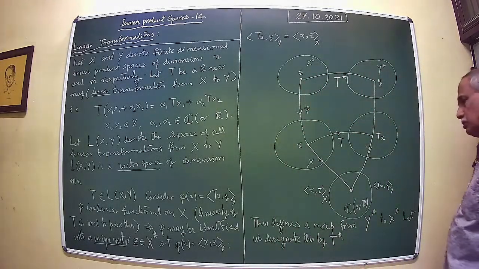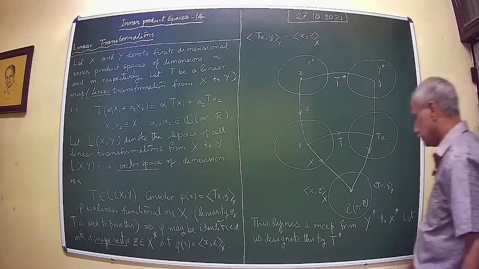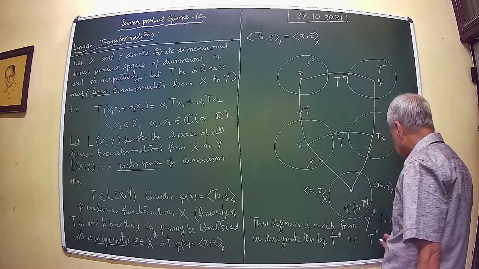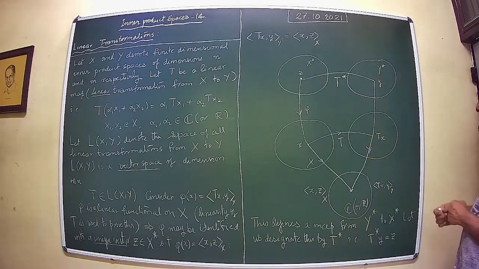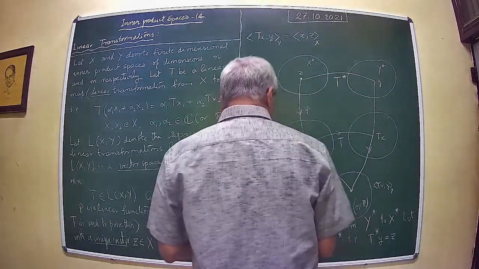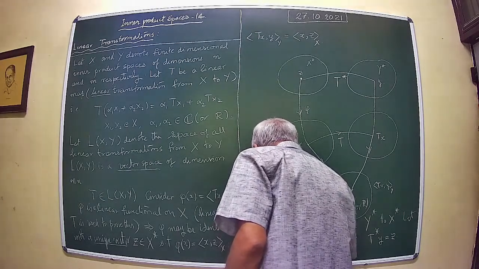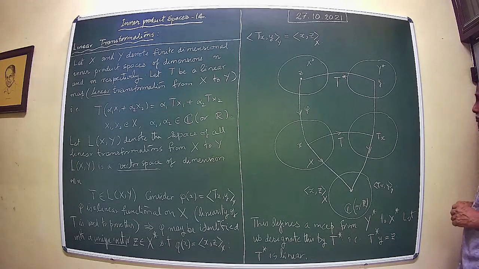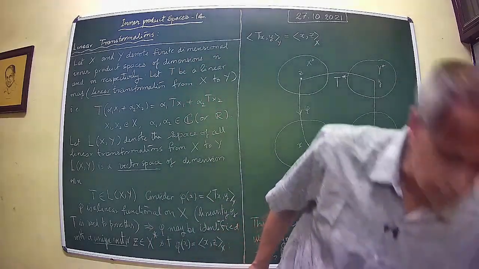Now what we want to prove is this, that is, T star y equals z. Now what we claim is that T star is linear. So this is something which we would like to observe.